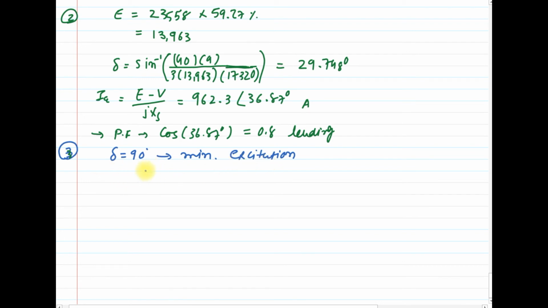So we know the equation at delta equal to 90 degree, P three phase is equal to 3 into EV by XS sine delta. Just substitute delta equal to 90 degree, P equal to 40 megawatt, V is equal to 17.23 and XS is equal to 9 ohm, and calculate the E for the same.